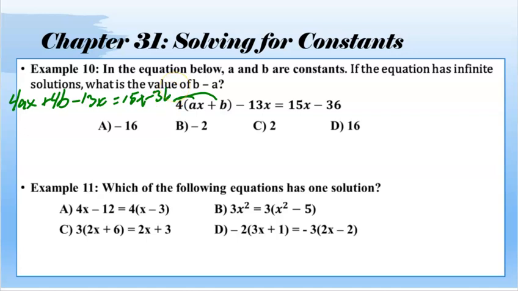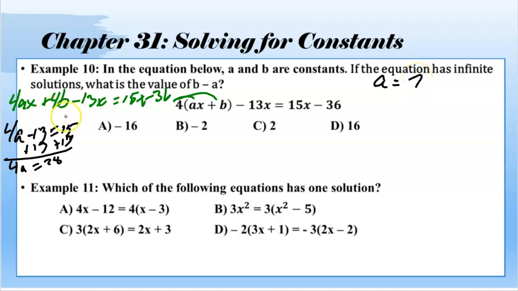So all my x terms, if I take the x's out, I'm left with 4a minus 13 equals 15. If I were to add 13 to both sides, I'm now left with 4a equals 28. That means my a is going to give us 7.